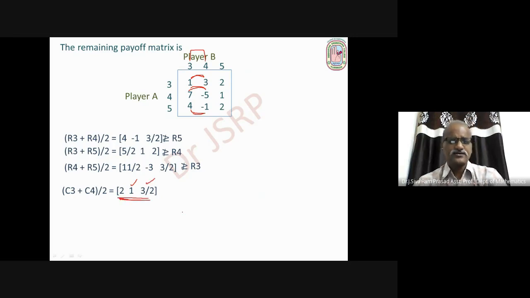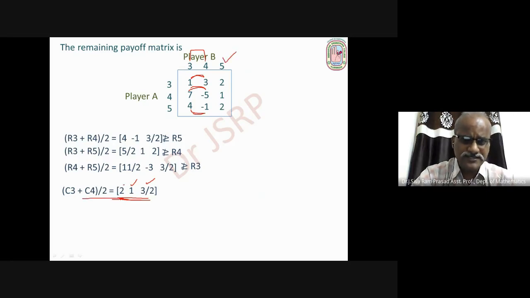Remember, when comparing columns, the average of columns should be on the lesser side, since we eliminate the columns on the higher side. So while comparing the average of columns, that average should be less than or equal to the corresponding element of the other column. So compare this average with the fifth column.